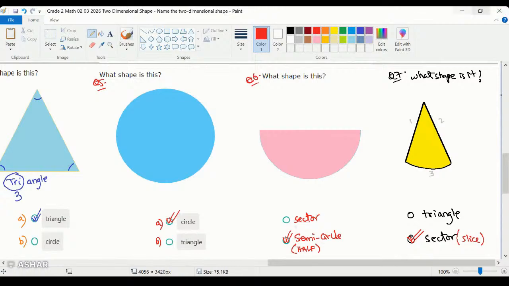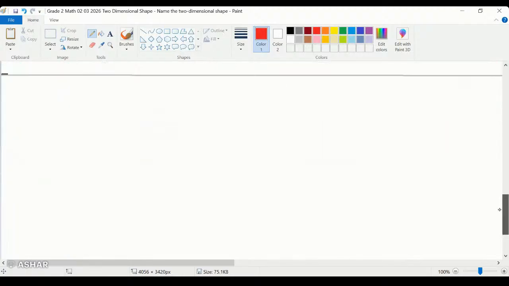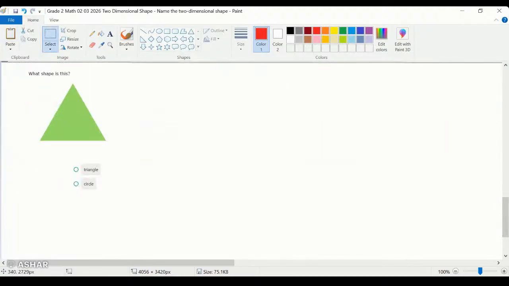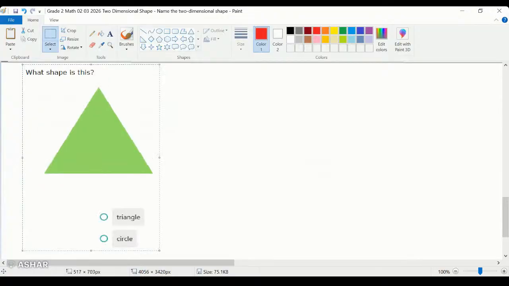Okay, let's have a look at another example. Question number 8. It says, what shape is this given to us? Does it have any edges? No, I haven't explained cone yet.